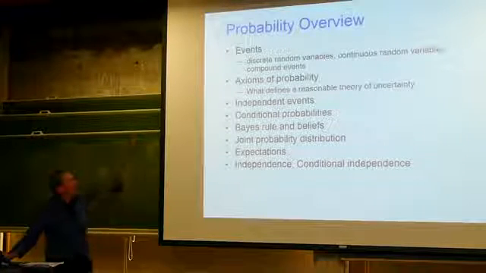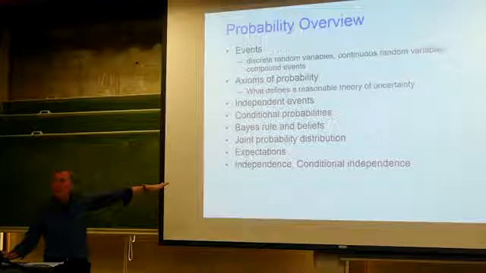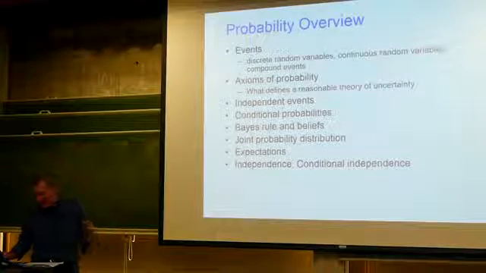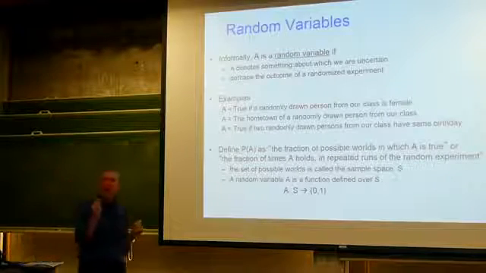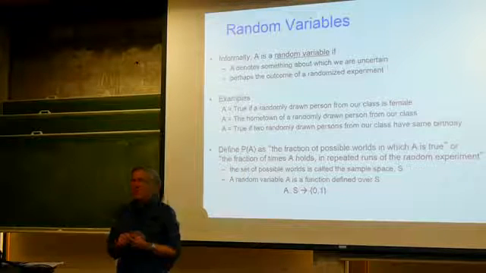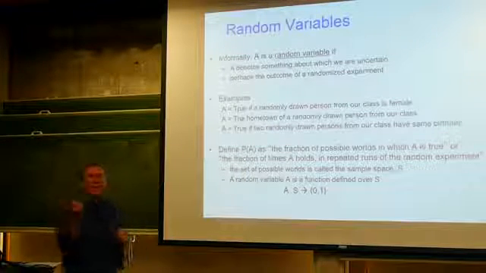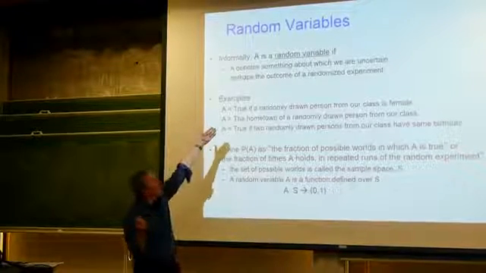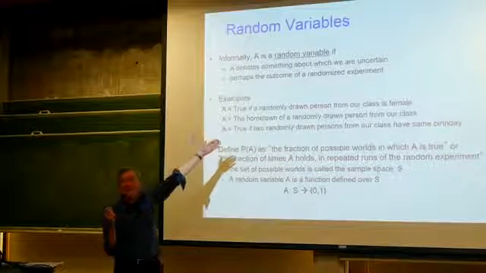There are a number of things you have already been exposed to if you've had a course in probability and statistics. But all of them start with the idea of random variables. The simple way to think about a random variable is a variable that denotes something about which we're uncertain.